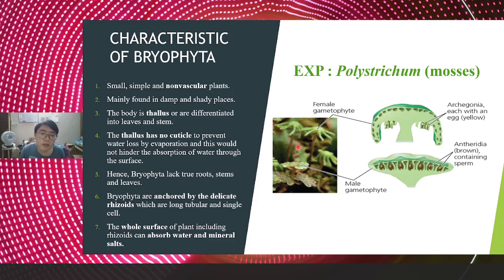The whole body of the plant has no cuticle. Dia tak ada cuticle punya. The cuticle prevents water loss by evaporation, and this would not hinder the absorption of water through the surface. So that is why this plant can only be found in damp and shady places. They cannot be found in sunny places.